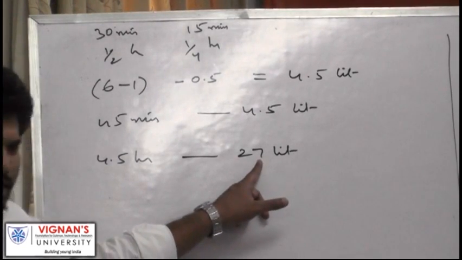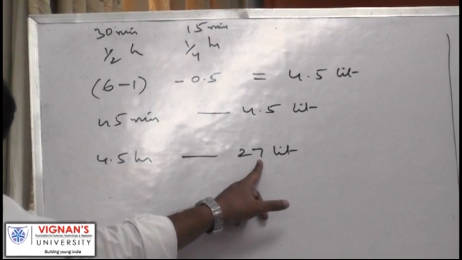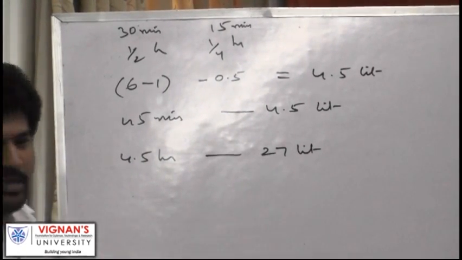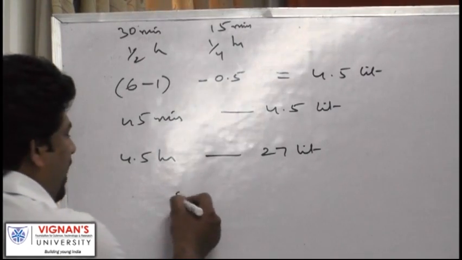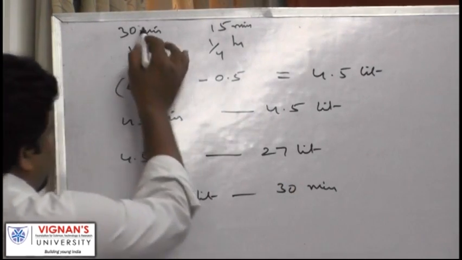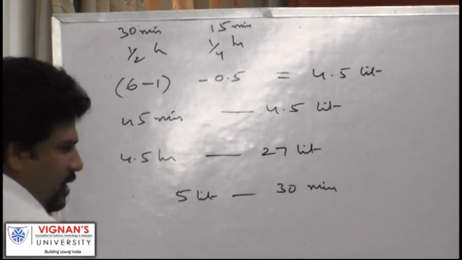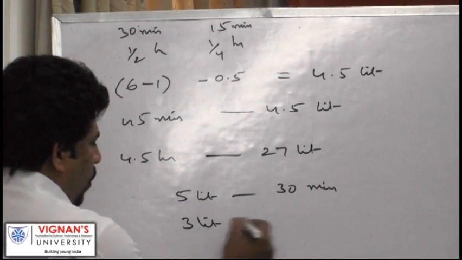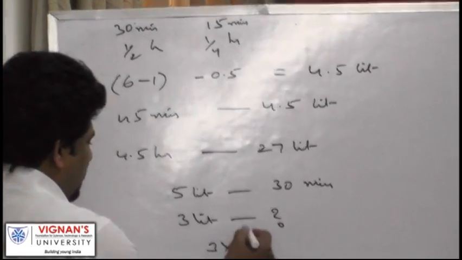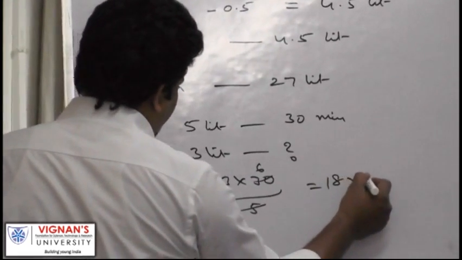But do we require 5 liters here? No. How many liters do we require here? 3 liters. Let's calculate. For 5 liters, it takes 30 minutes. Then for 3 liters, what time it takes? 3 into 30 by 5, 5 sixes are 30, it means 18 minutes.